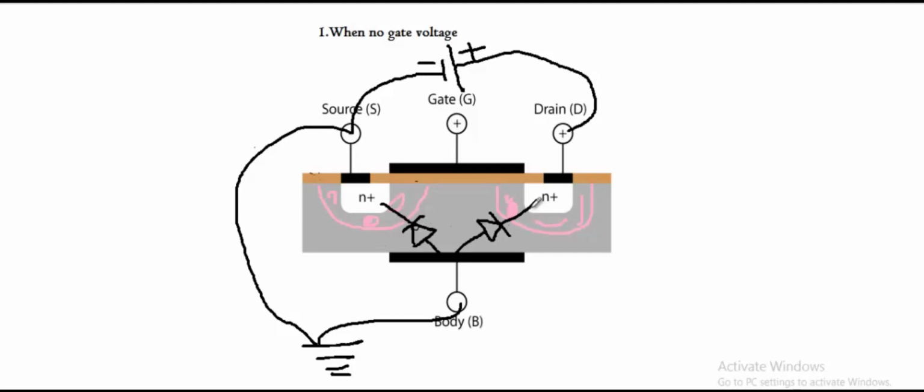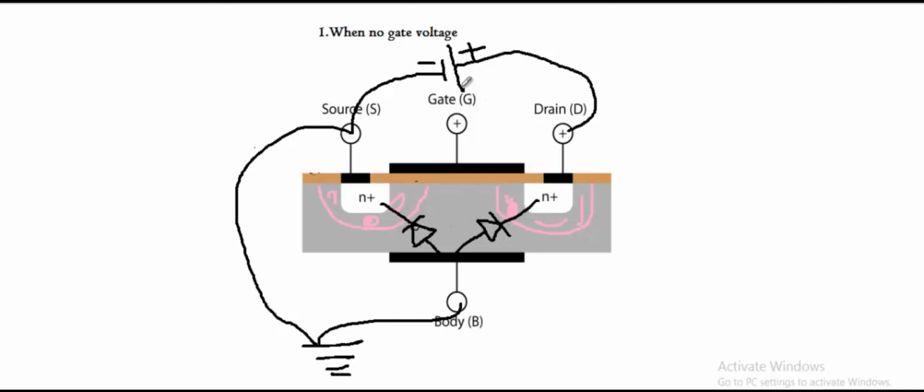So this diode is in reverse bias condition, and this one is shorted. Because this is a negative terminal and here also a negative terminal, this diode is shorted, therefore there will be no current conduction. There is no gate voltage. Even if you connect a voltage source between the drain and the source, there will be no current conduction.